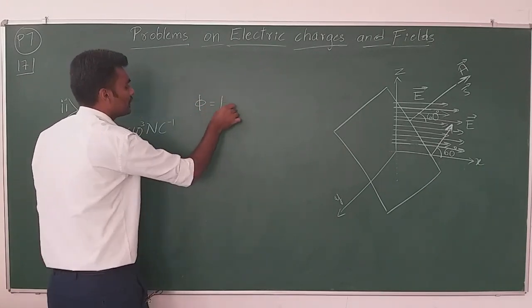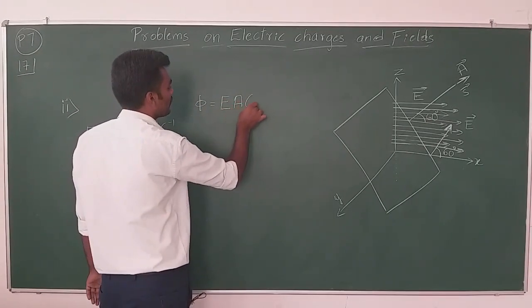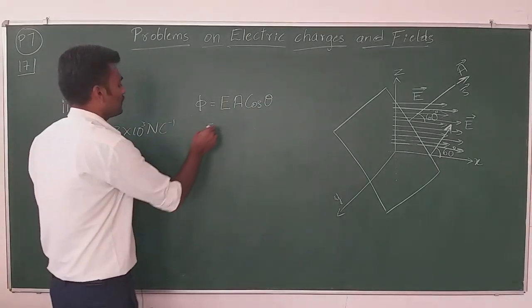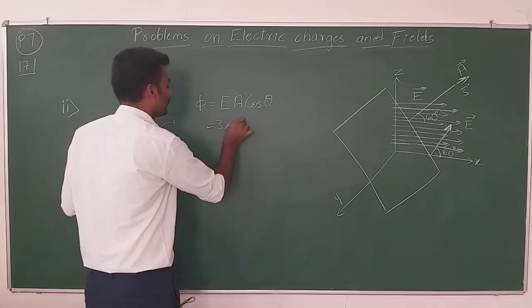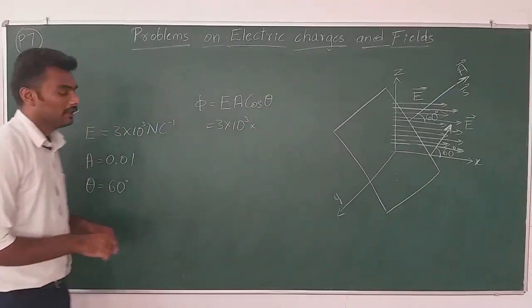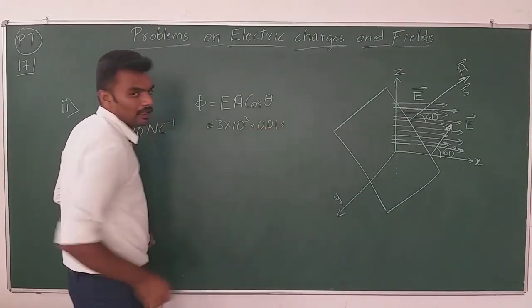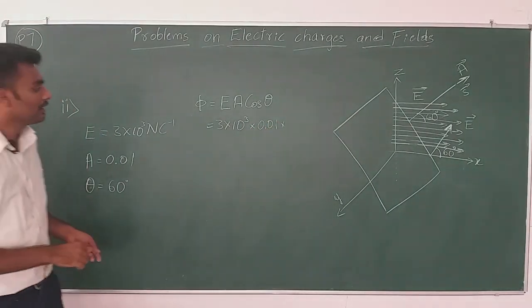Now let me substitute that into the formula of flux. Flux is equal to E A cos theta. E is here 3 into 10 to the power of 3, area is here 0.01, into cos 60.